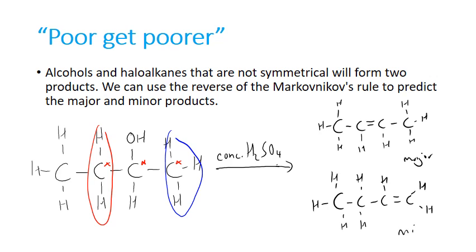So that's the minor. So that's something to bear in mind. There's a potential for two products to be formed in elimination reactions, whether it's an alcohol or a haloalkane.